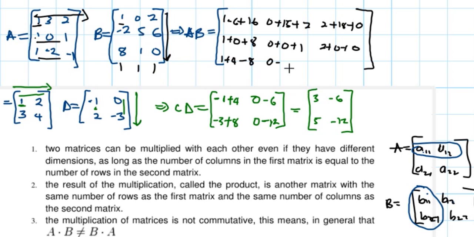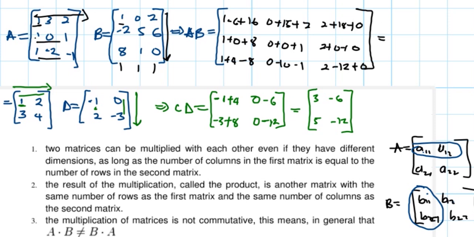We're going to have minus 10, that is minus 2 times 5. Then we are going to have minus 1 times 1, which is minus 1, right? Then in the last column we are going to have 1 times 2, which is 2. Then we have minus 12, and we have plus 0.